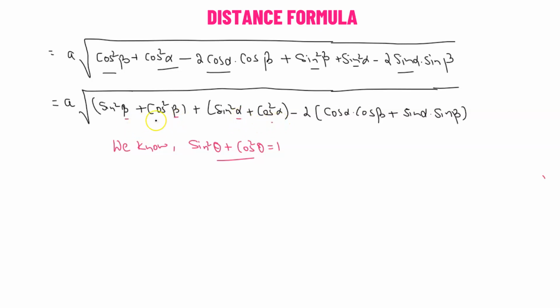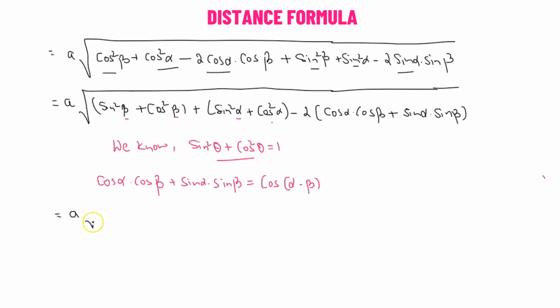So both of these identities are going to give us the value 1. However, coming to the second one, we have cosine of alpha times cosine of beta added to sine of alpha times sine of beta. So this is nothing but cosine of the compound angle alpha minus beta. So this is known, so let us substitute all these values.